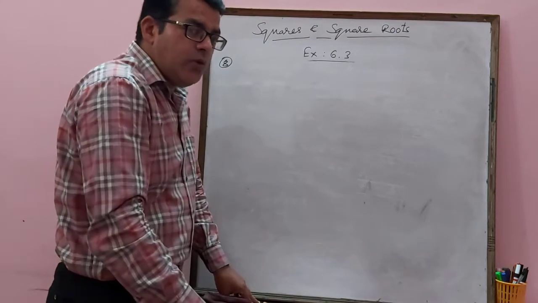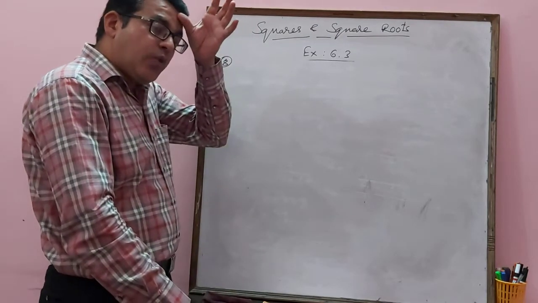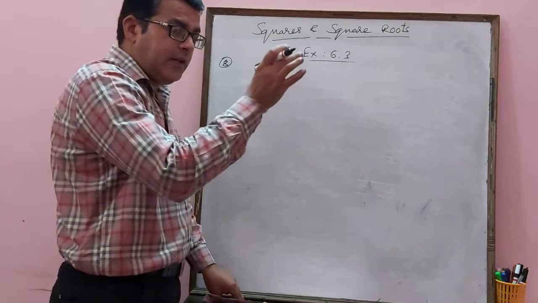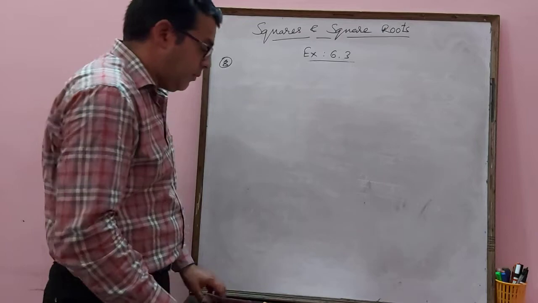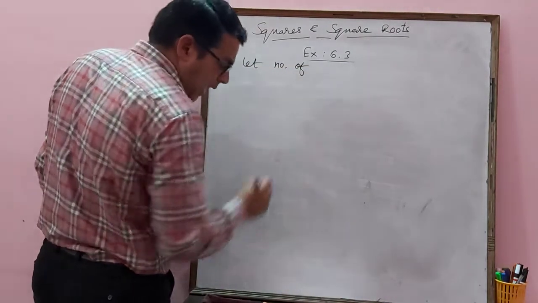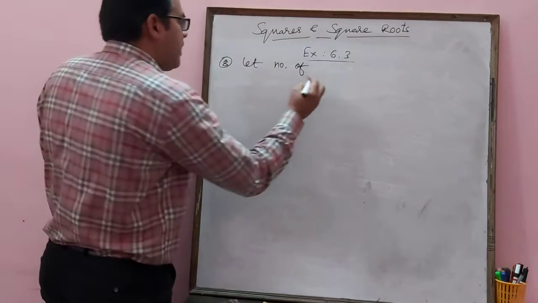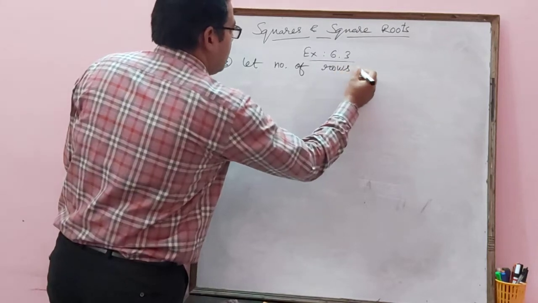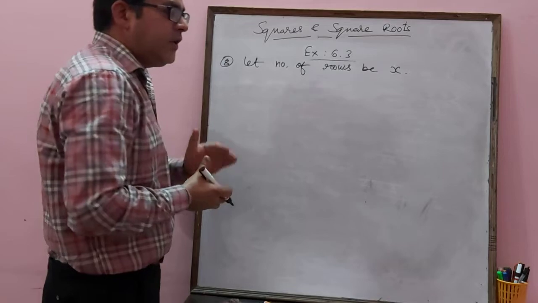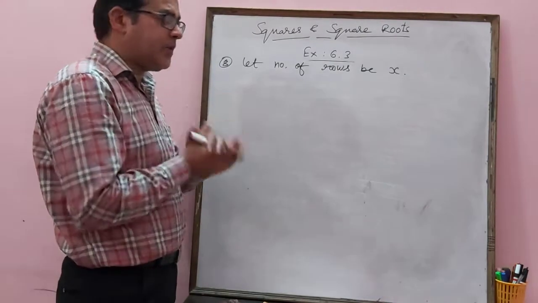Suppose there are 10 rows, it means in each row there are 10 plants. If there are 20 rows, then in each row there are 20 plants. So let the number of rows be x, and in each row that much are plants also there.